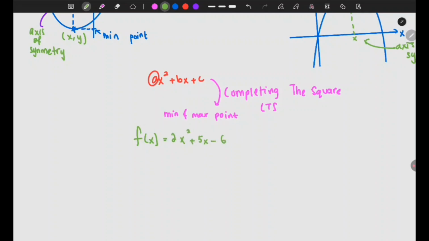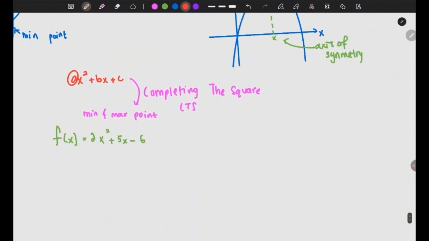And remember the conditions I told you, how you're going to use completing the square? There are two things that you have to follow. First thing, your a must be equal to 1. Second thing, the formula: (x plus b over 2) squared minus (b over 2) squared plus c.